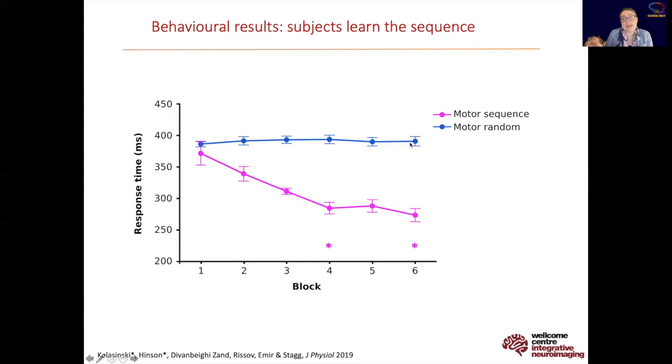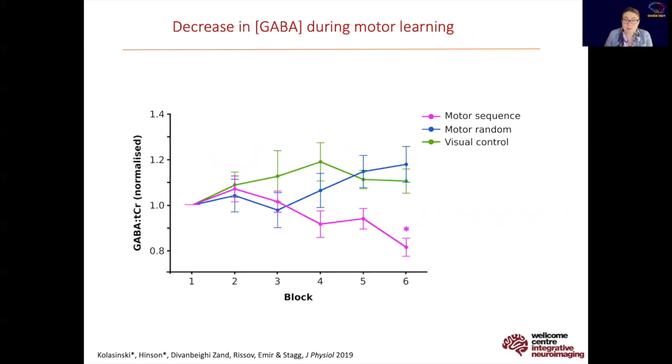Can we relate that to the underlying inhibition? There was no change, possibly a slight increase, but nothing significant in either the random or just the plain visual control conditions. But in people who learnt a sequence, GABA levels in their left motor cortex decreased during learning.